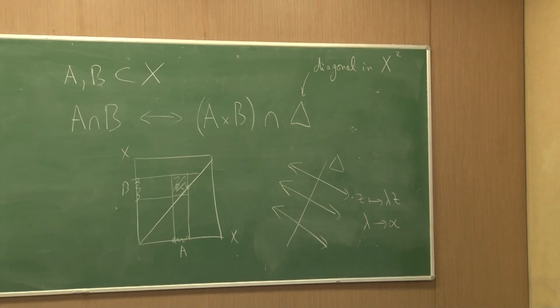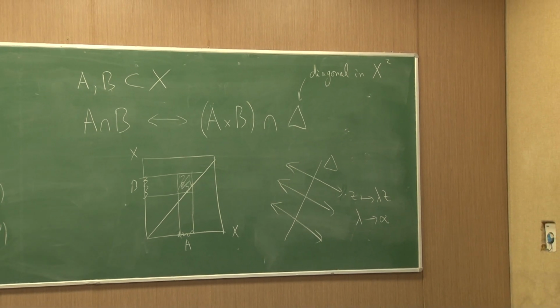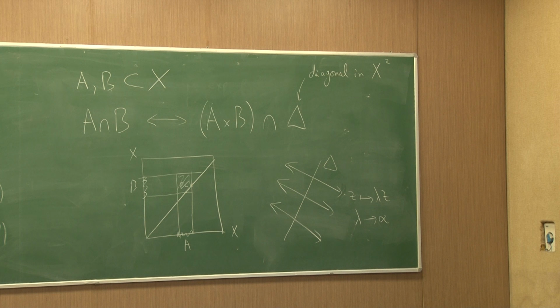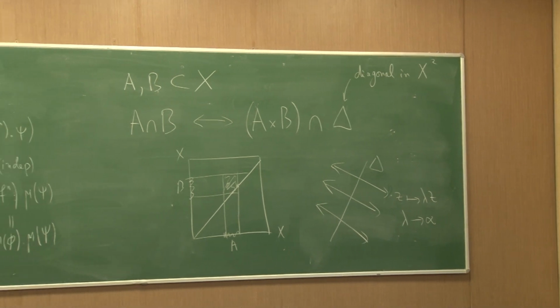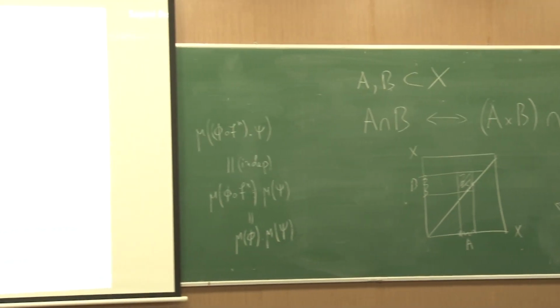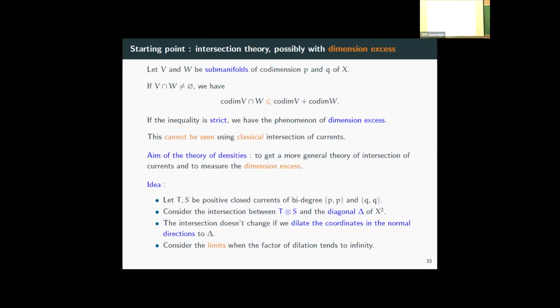Actually, you do the same for currents. So in the sheet of A, you put one current. In the sheet of B, you put another current. For the Cartesian product, there is no problem. It's a duality of the Weierstrass approximation theorem. Then you dilate the coordinates. So this now is a problem. What is the meaning of dilating the coordinates?